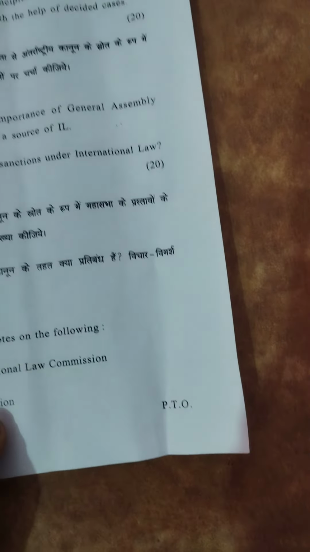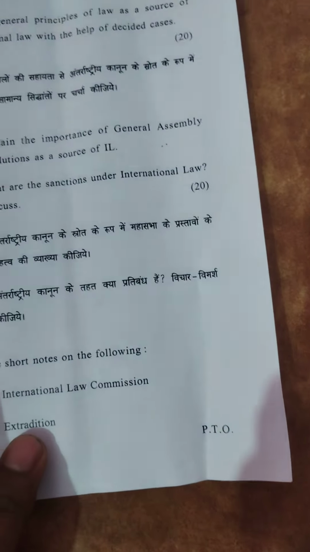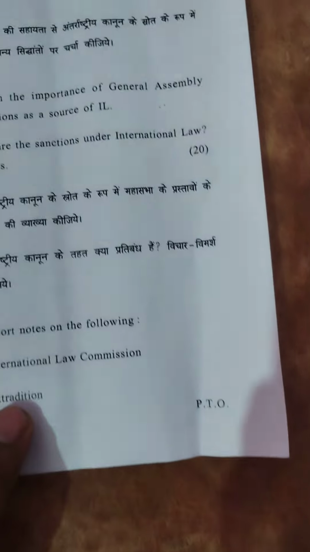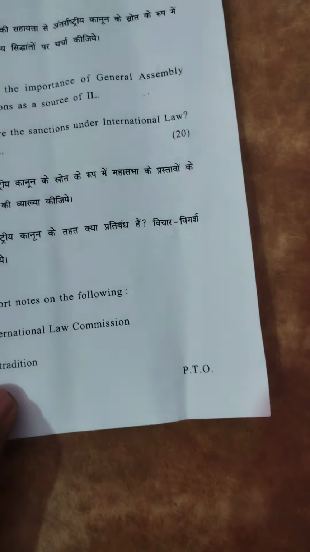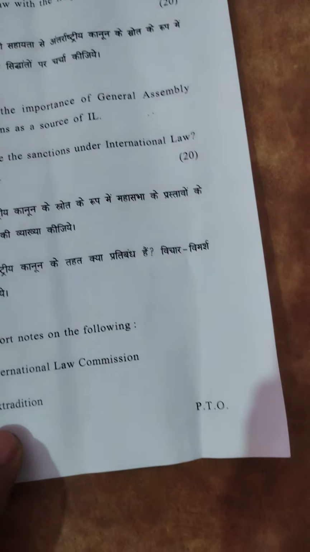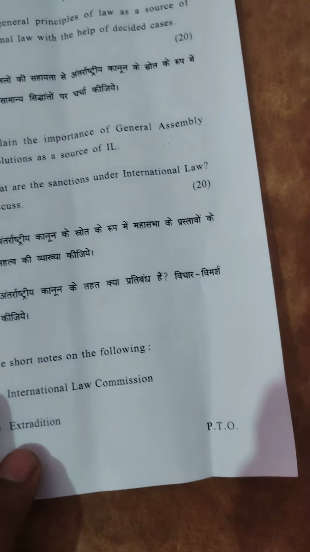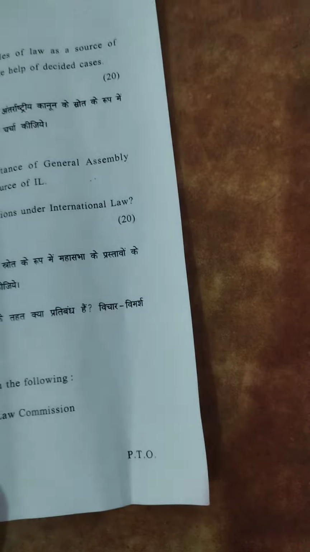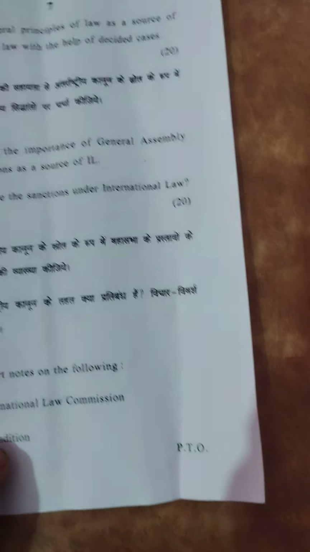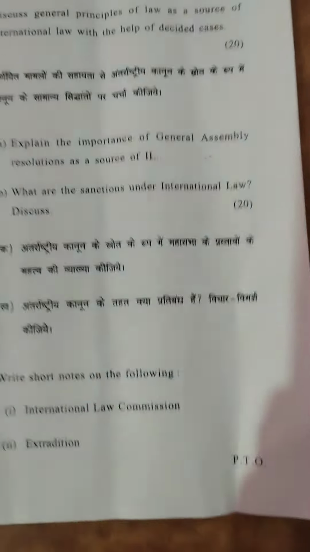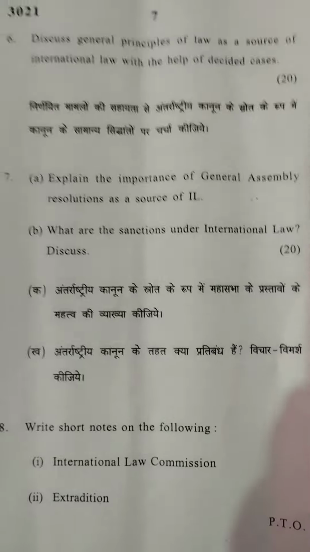Now come to extradition. Extradition is a process by which a criminal or accused who absconded to another country after committing a crime is taken back to the country where the crime was committed. So this is the process of extradition. There is also a term, asylum.